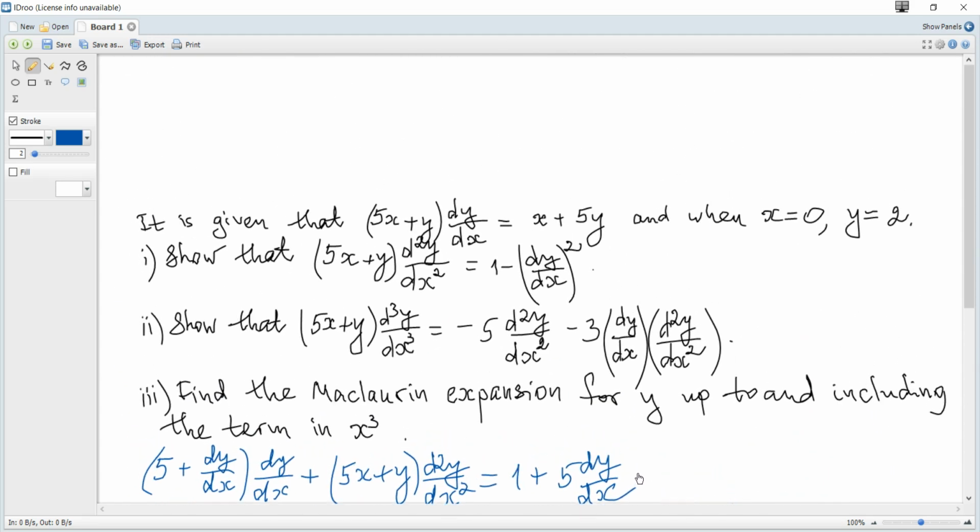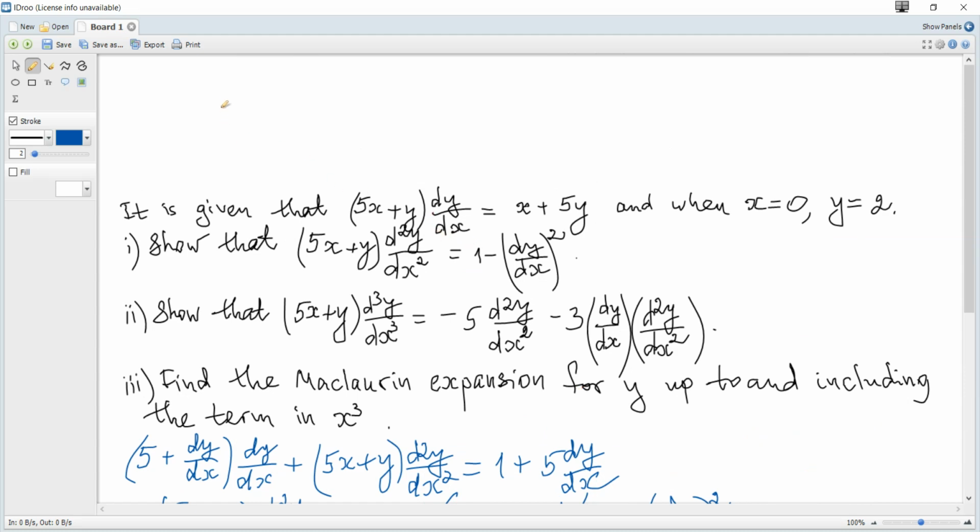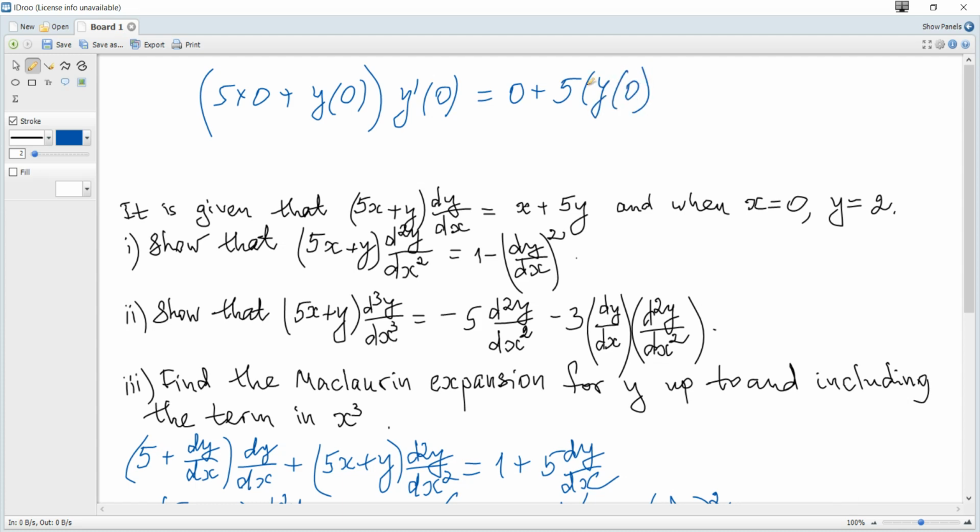Hence it becomes 5 times 0 plus y of 0, times dy/dx, the first derivative at 0, is equal to 0 plus 5 y of 0.